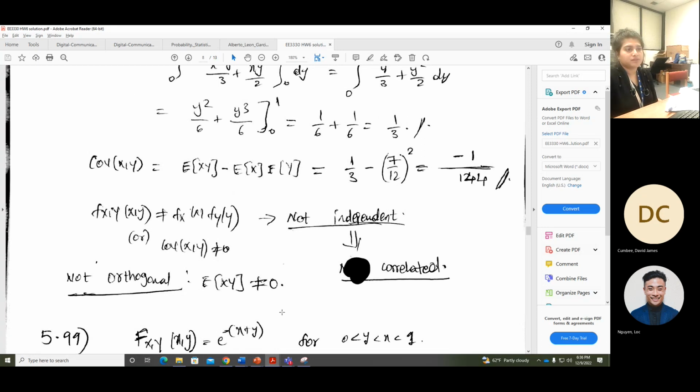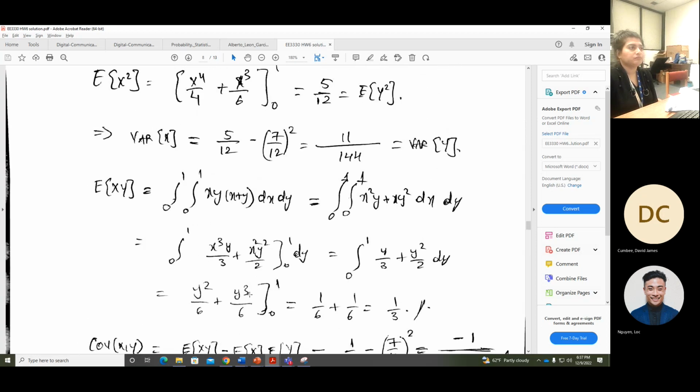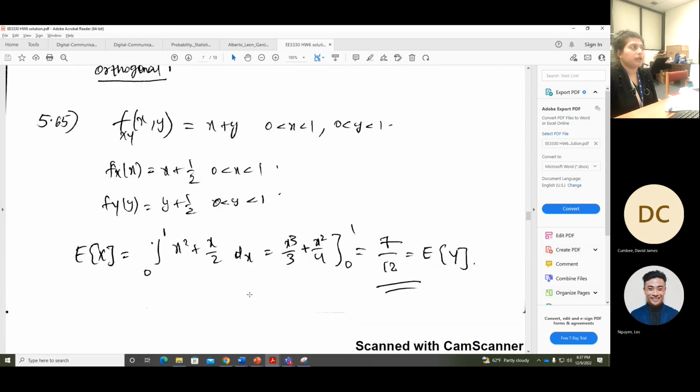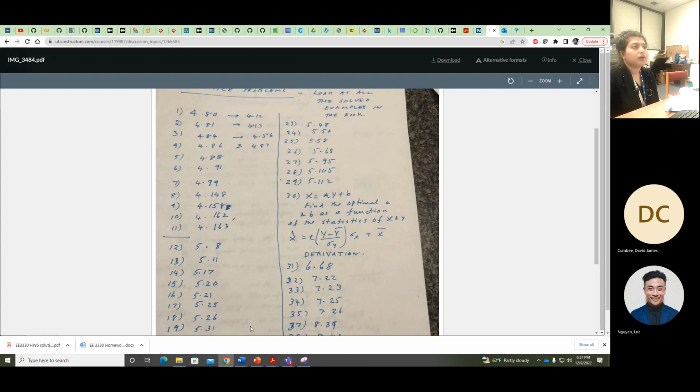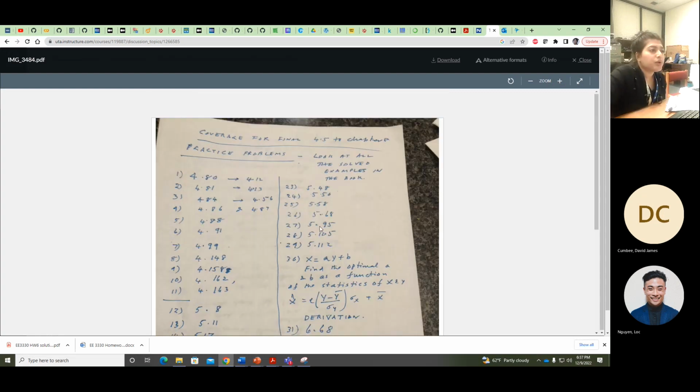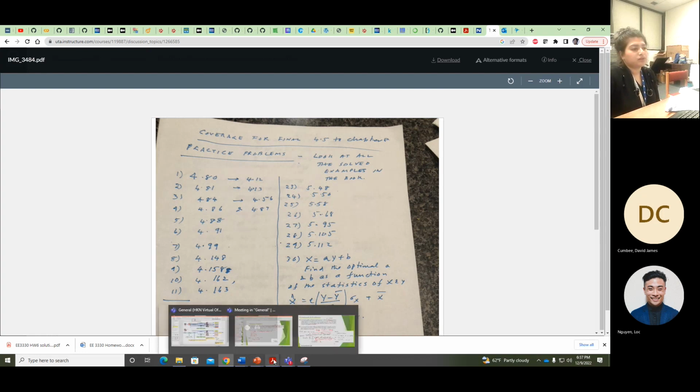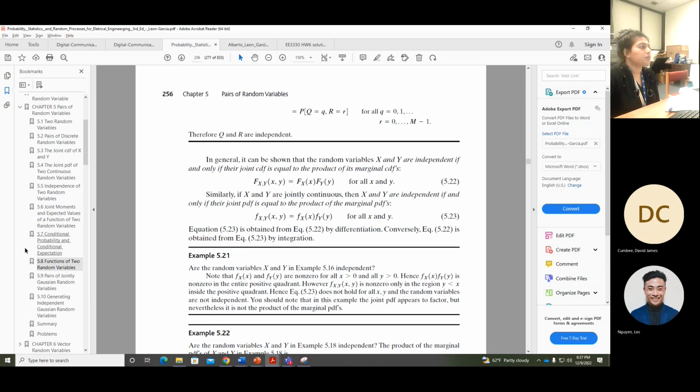Rho is basically just a number, like minus 144 or whatever is given here. Okay. So this problem, I have not put this into the presentation, but I'm telling you, problem 5.65 is similar to 5.68. Let's see actually what 5.68 is. I'm curious.